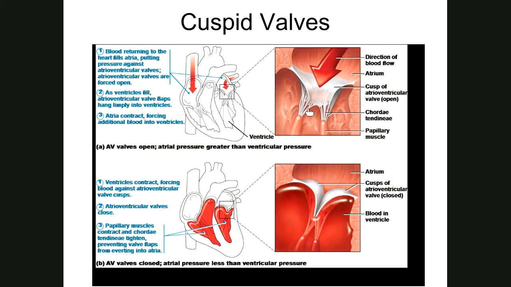They have the chordae tendineae attached to the cusp, and the chordae tendineae, the other end, is attached to papillary muscle. Now you see this top picture is the blood going from the atria into the ventricle, so that arrow is going down. But when the ventricle contracts, this bottom right picture, you see that the valve closes. And the reason it doesn't flip back the other way is those chordae tendineae are holding on to the cusp, and they're attached to the papillary muscle, so it keeps it closed, and the blood cannot go back up into the atrium.